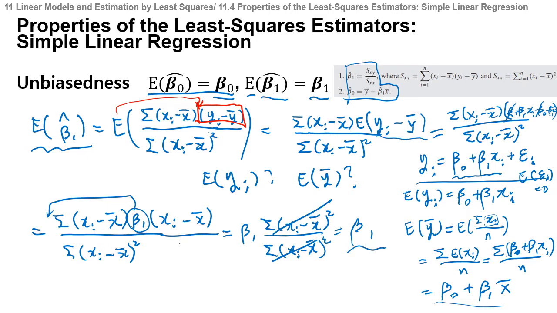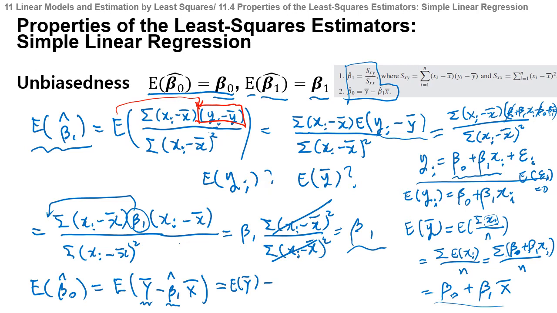And what about the expected value of beta 0 hat? This is the expected value of y bar minus beta 1 hat x bar. The expected value of beta 1 hat is beta 1. So the random parts are this one and this one: the expected value of y bar minus the expected value of beta 1 hat, which from the previous calculation is beta 1, times x bar.